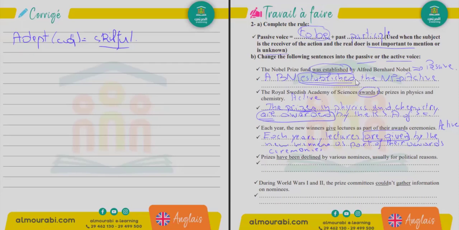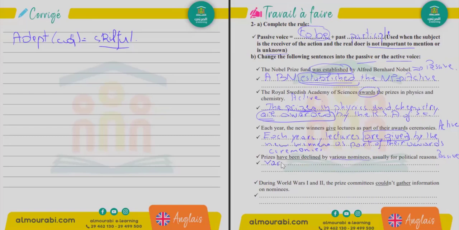Prizes have been declined by various nominees, usually for political reasons. Is this passive or active? It's a passive sentence. Let's put it in the active form. What is the doer? Various nominees.